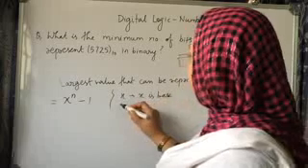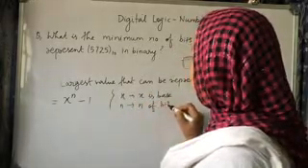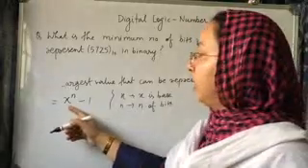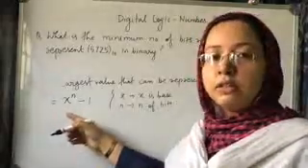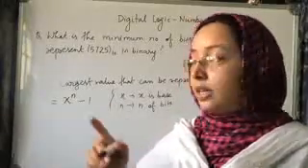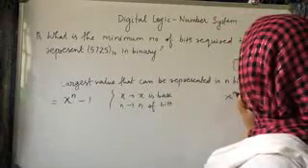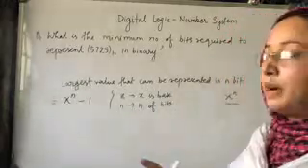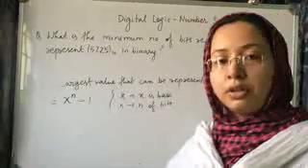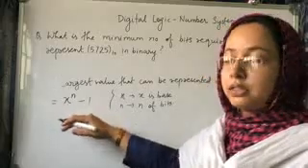And if you are asked how many numbers you can represent, then your answer will be x to the power of n. But the largest value will be x to the power of n minus 1. Make this a note and remember it.